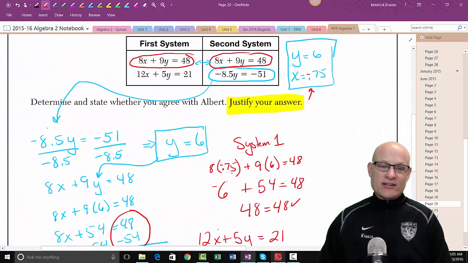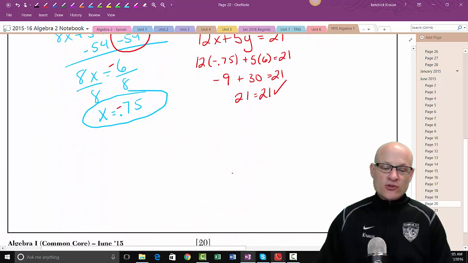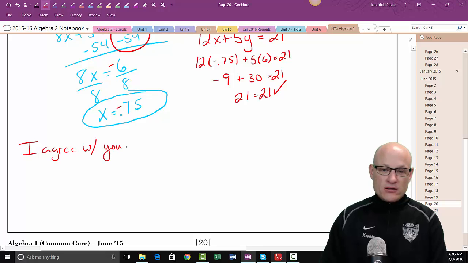It says determine and state whether you agree with Albert, justify your answer. So you still have to answer the question. I agree with Albert.